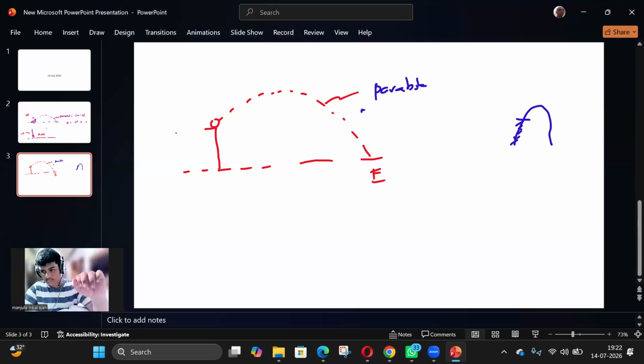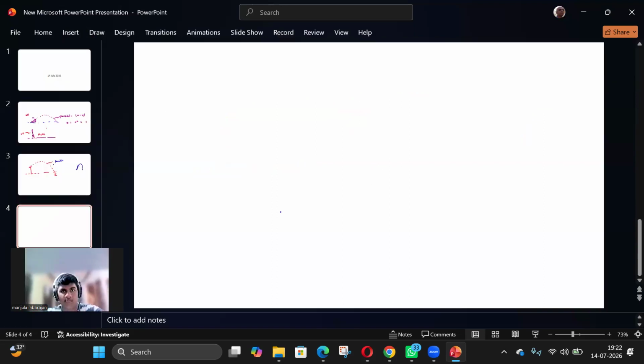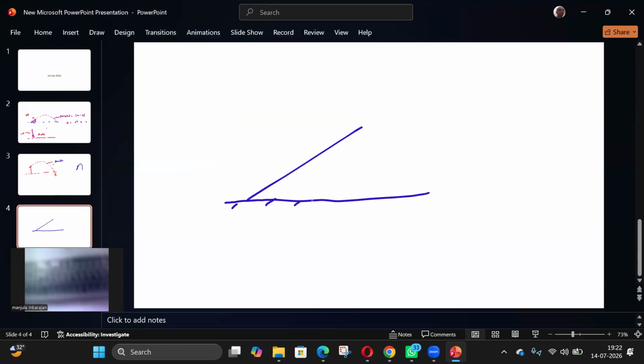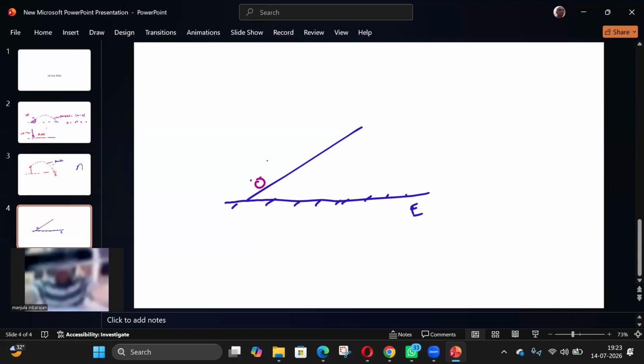The next higher complication is that I throw from an inclined plane. This is the Earth's surface. There is a slope here, and from this point I'm throwing up with velocity u, which makes an angle alpha with the surface.